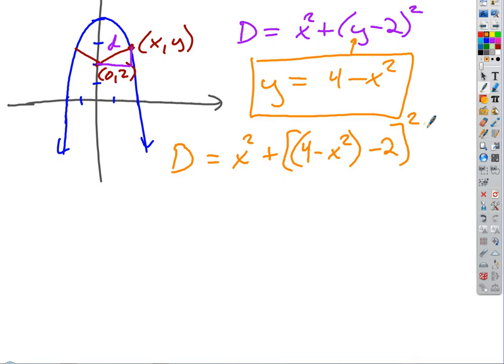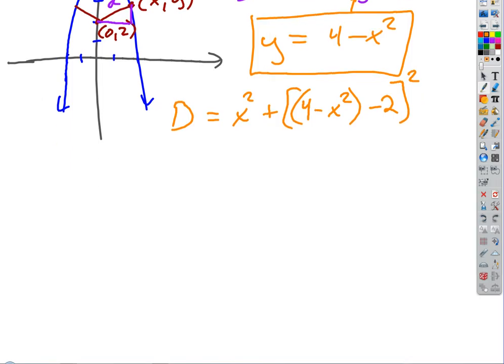You're right. So if I combine like terms in there, they just give me 2 minus x squared. Okay, so let's try to turn this all into one big equation now. So we get D of x equals, what's all this stuff going to be? This is going to become 2 minus x squared, squared. If I expand that out, what do I get?